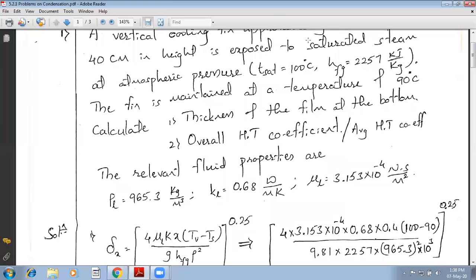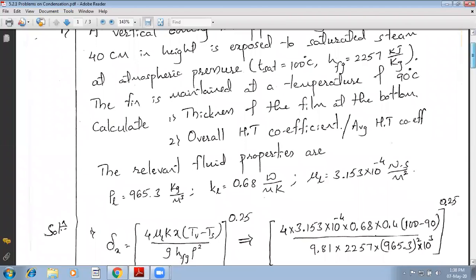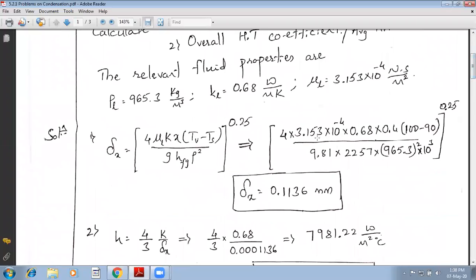Now if you substitute the values, mu is 3.153 into 10 to the power minus 4, k value given is 0.68. In this case, x is nothing but the distance along the surface. He has asked us to calculate the boundary layer thickness at the bottom, so I need to consider x to be 0.4, which is the height of the vertical surface. Tv is nothing but vapor temperature.